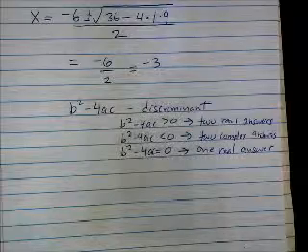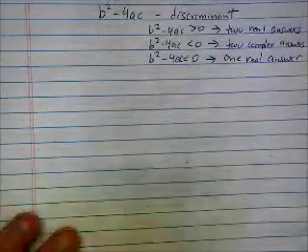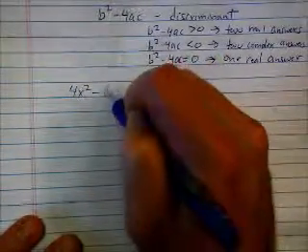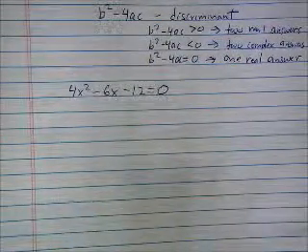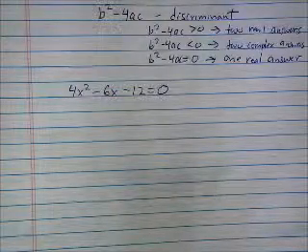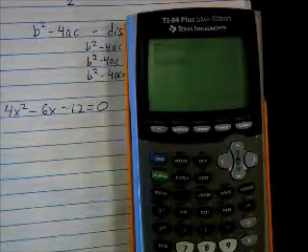All right, my last problem of the day. 4x squared minus 6x minus 12 equals 0. Here's my very favorite thing about the quadratic formula. Once you have a formula, if you know some computer programming, you can program your calculator.